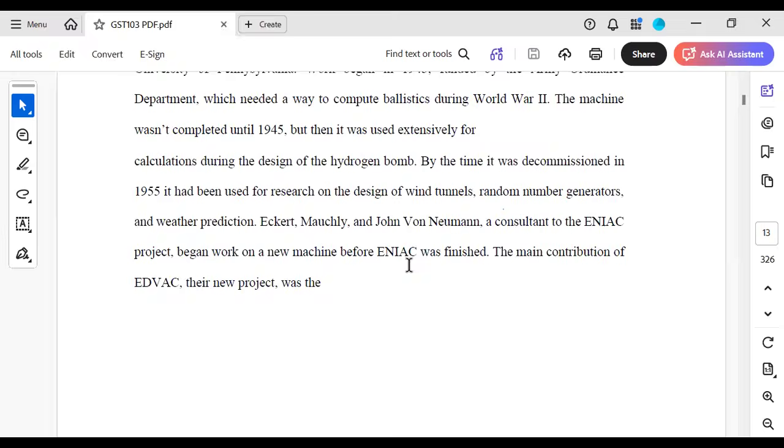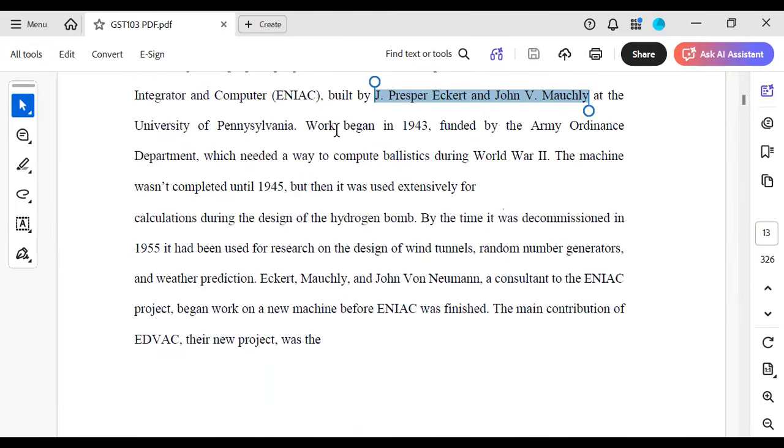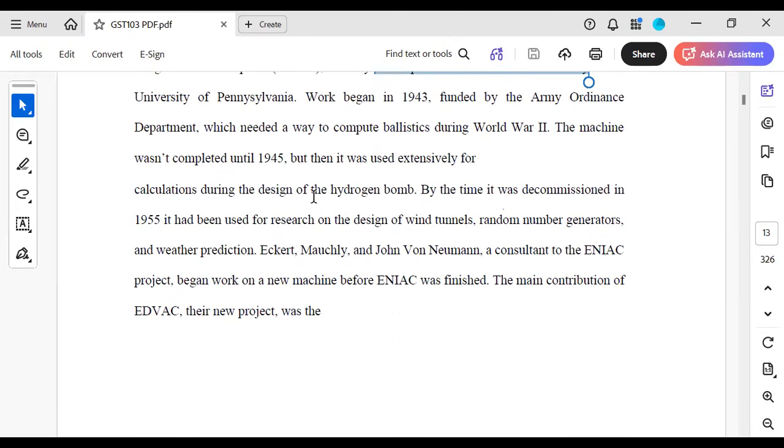Okay, let's see. When they built this ENIAC, it was completed in 1945. So when you're asked in the exam which computer was completed in 1945, that was the ENIAC.